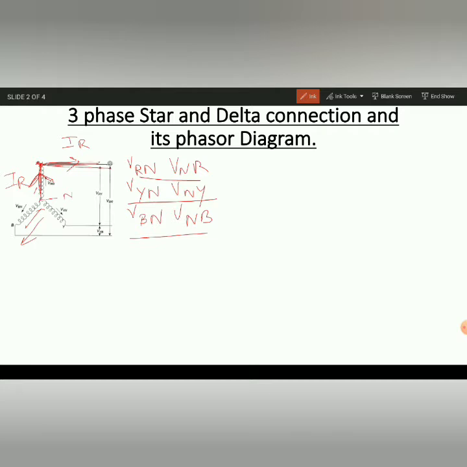So from the diagram itself, one point is very clear: in star connection the phase current is equal to line current. There is no need for any phasor diagram or explanation; it is simply visible here. It is direct.